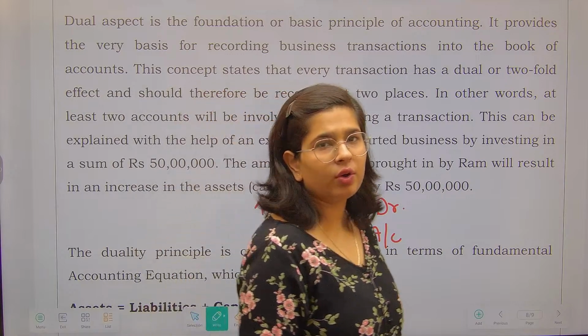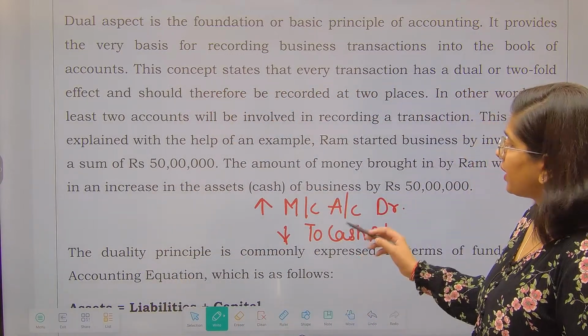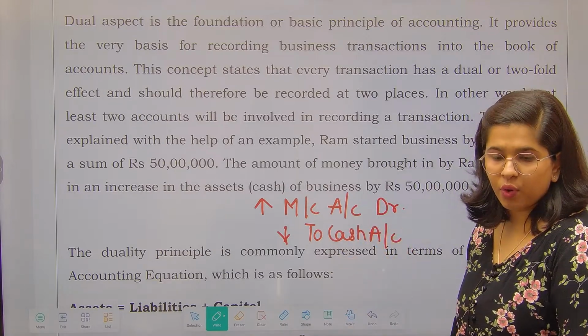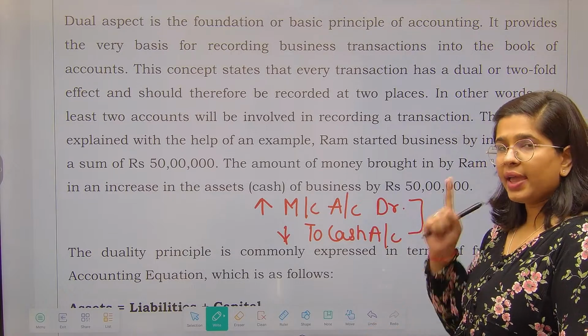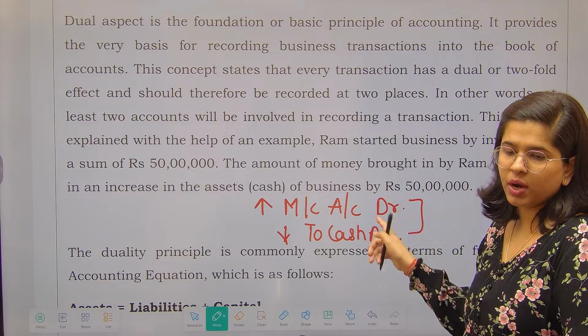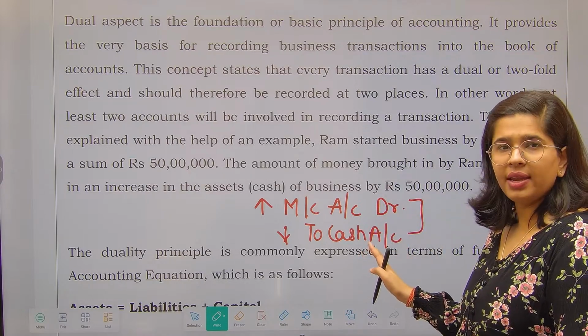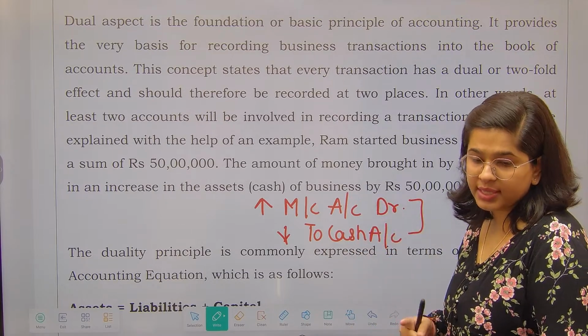Obviously, if you take machinery, then you will have to pay money. So one asset is increasing but another asset is decreasing. Now you see in this transaction, one transaction is impacting at least two accounts. Fine, there is an impact. So this is called the dual concept.